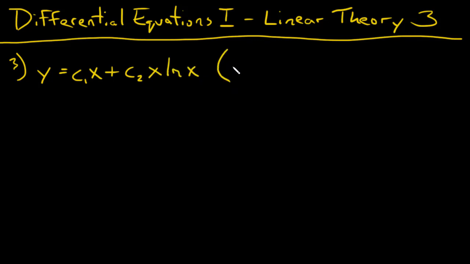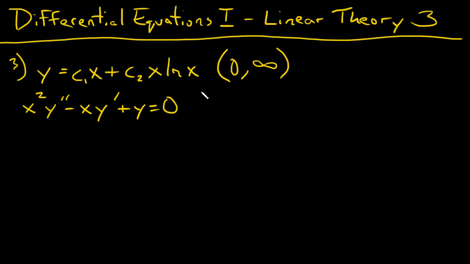And we're given an interval from 0 to infinity. And our differential equation is x squared y double prime minus x y prime plus y equals 0.